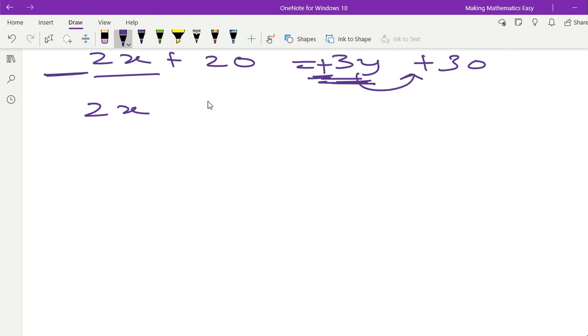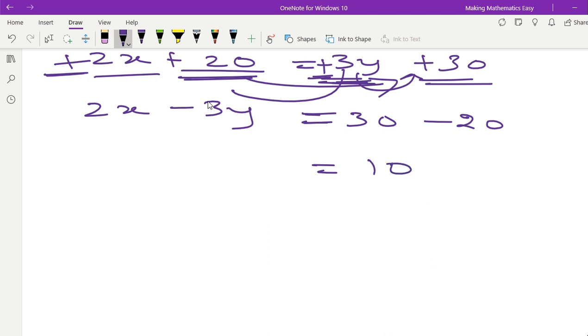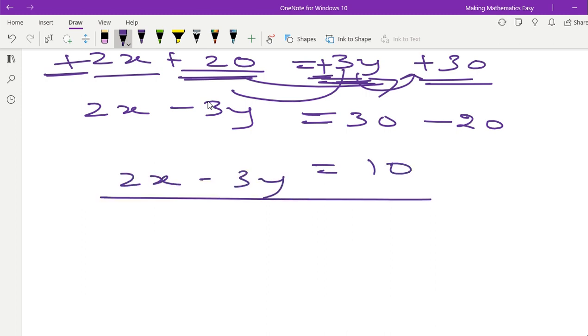If nothing is mentioned, it means it's a positive sign. So when this 3y comes over here, it will become negative. Okay, this 30 is already positive, and this plus 20 I am going to send to the right hand side. So this positive 20 will become negative 20 over here. So 2x minus 3y, and this will be 30 minus 20, which is 10. Okay, so we have solved up to here.